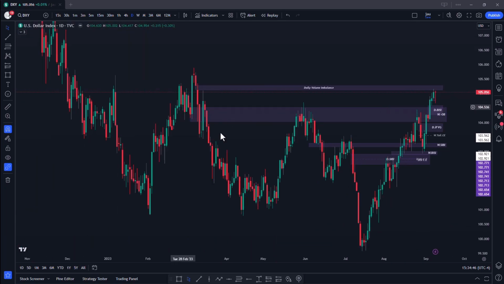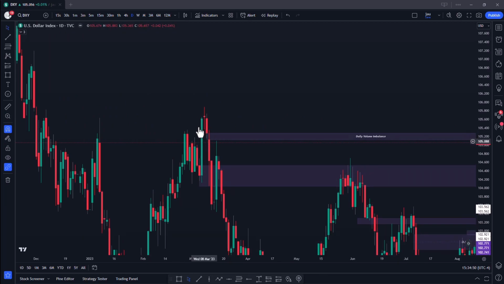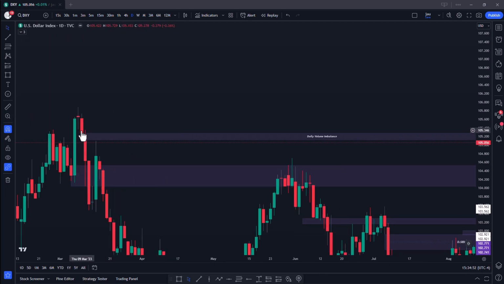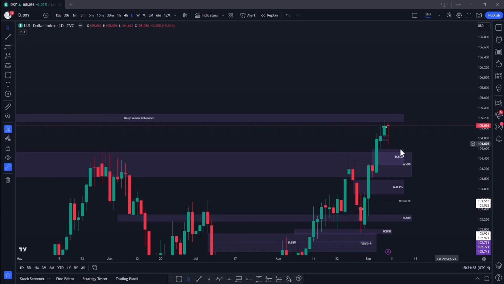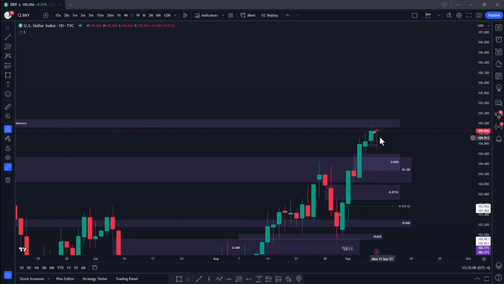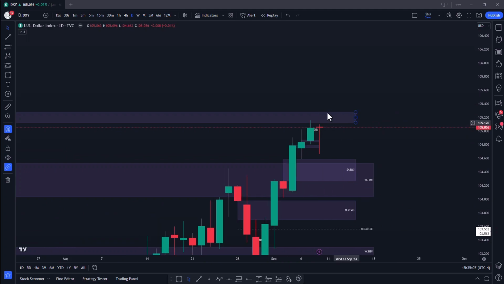Of course, we have the daily volume imbalance, which also came from a new day opening gap on the 9th of March 2023. We are looking at that now. So if I was to predict where price would go next, I believe Monday is going to open up, tap into this inefficiency, this volume imbalance, and retrace on Tuesday and Wednesday.